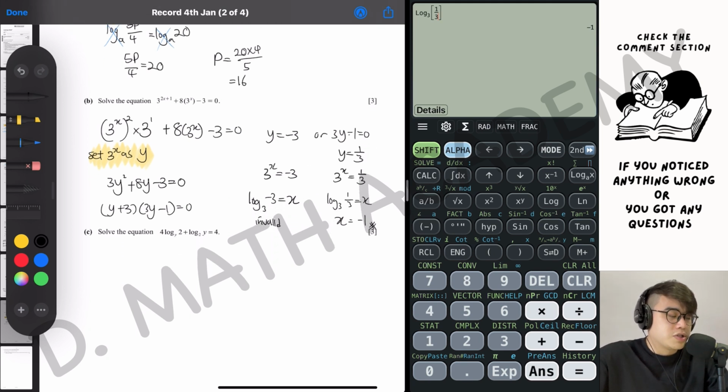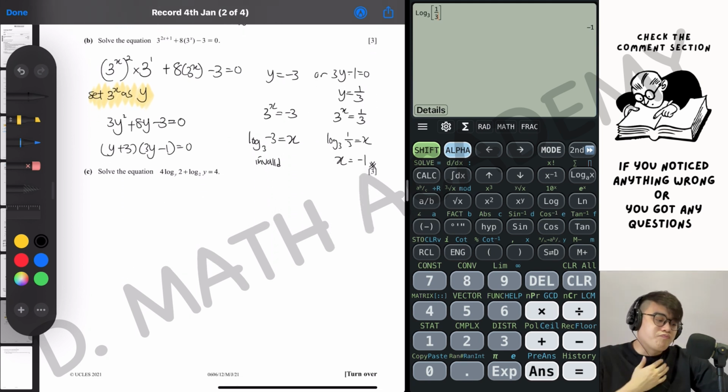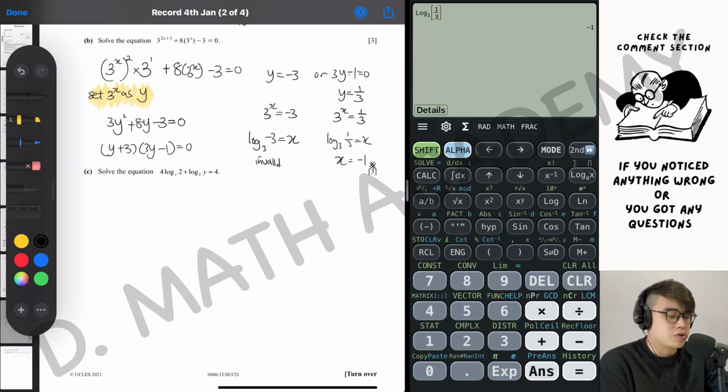As for the next question, they didn't put in the same base for you, so it's up to you what you want to do here. Personally, I prefer everything to be in the same base.